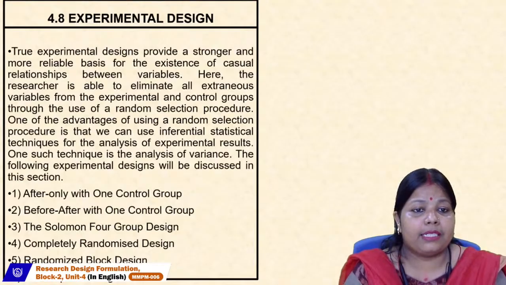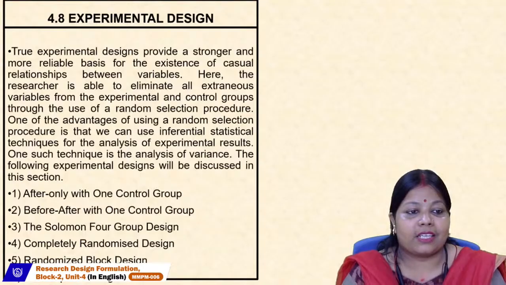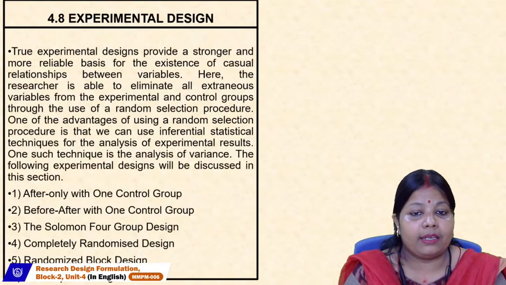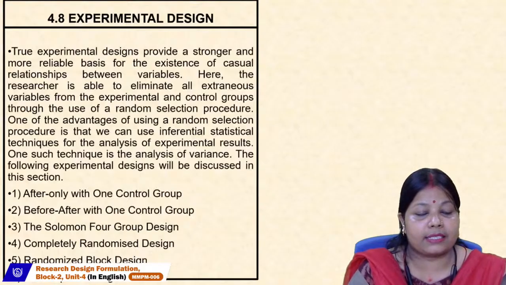One of the advantages of using a random selection procedure is that we can use inferential statistical techniques for the analysis of experimental results. One such technique is the analysis of variance, which is popularly known as ANOVA, and the following experimental designs will be discussed in this section.